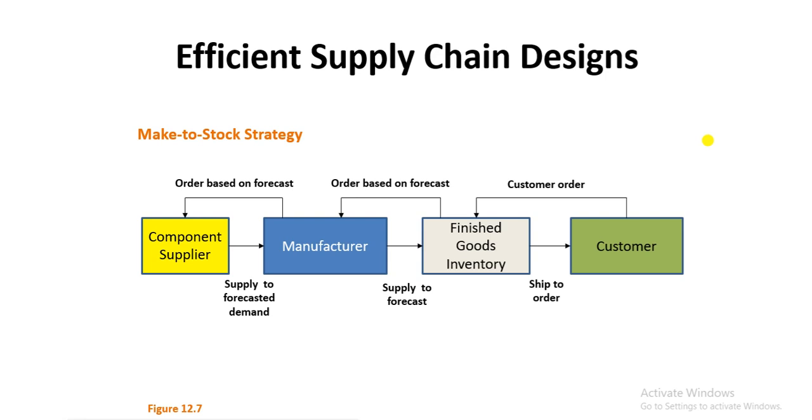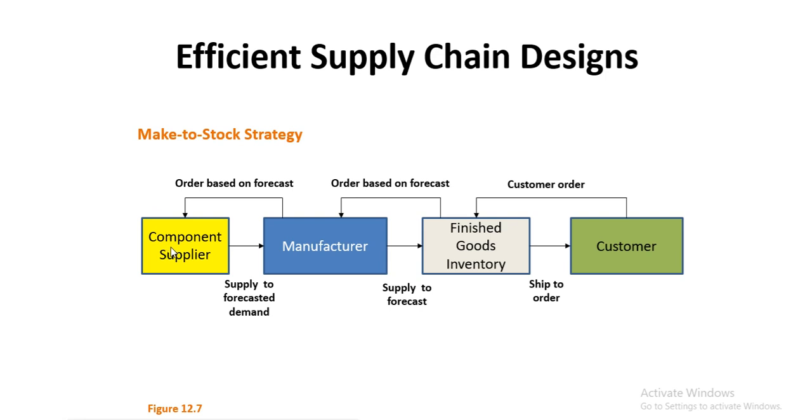As you can see in your slide, this is a supply chain of a manufacturer who is receiving the components from the suppliers, and the supplier will supply the components once he receives the orders from the manufacturer, and these orders will be based on the forecast which the manufacturer will make about his finished products.